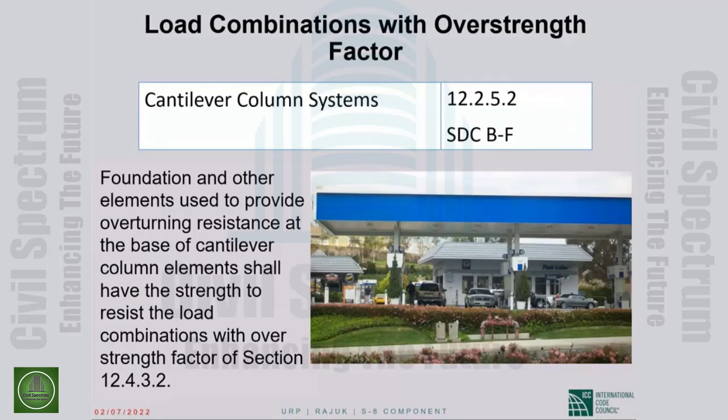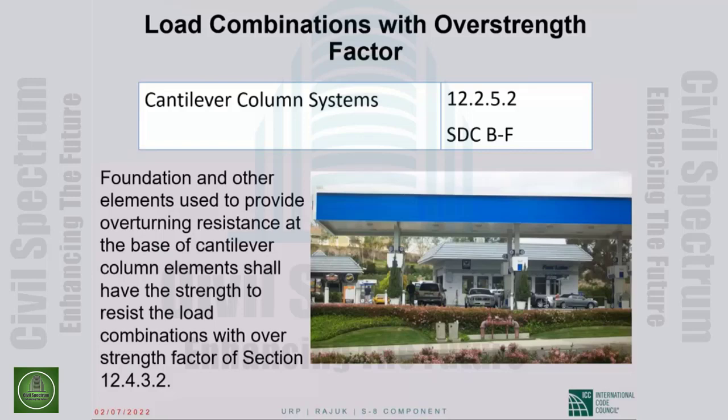The first and foremost and most important thing I am going to tell you about the load combinations with overstrength factor is they must be used where required by ASCE 7 or BNBC 2020, but more importantly, they must not be used where not required by the code.